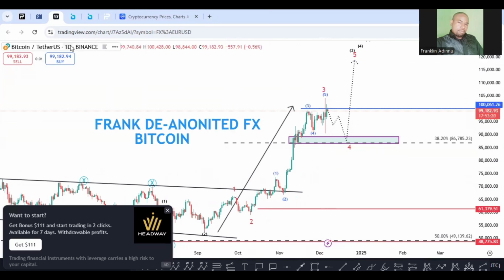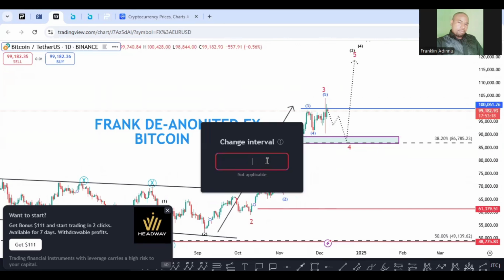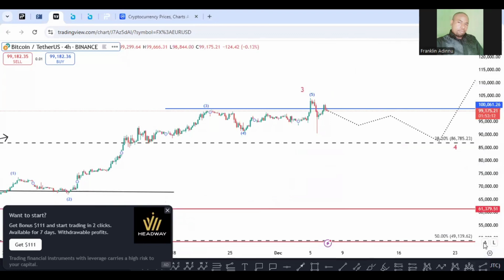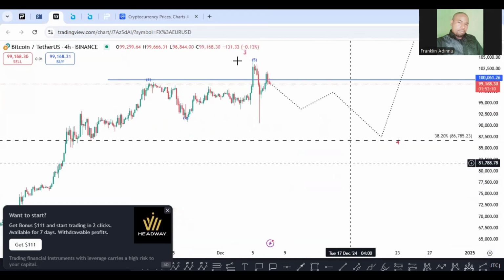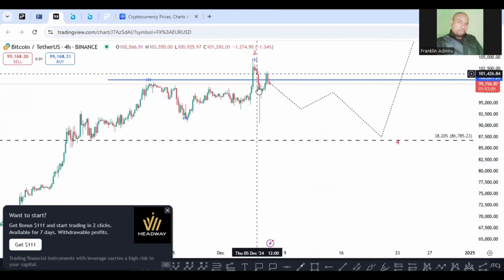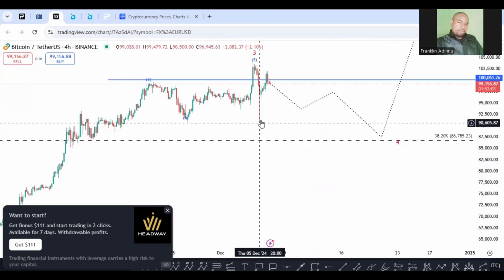Let's go down to our time frame. Let's go at least to the 4 hour time. Okay, see what the BTC has done. The 3 is completed here. So it did A here.